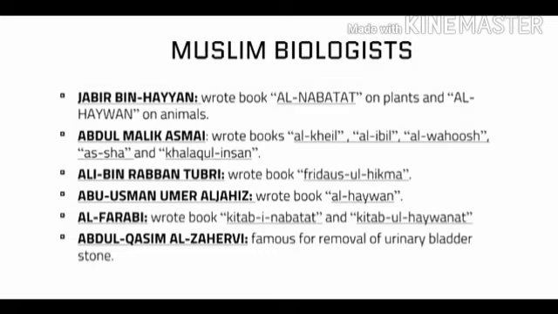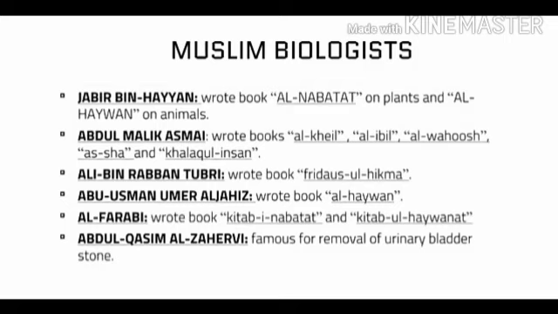All of you know about the Muslim scientists' contribution in the field of biology. The first scientist was Jabir bin Hayyan. He wrote books Al-Nabatat on plants and Al-Haywan on animals. Abdul Malik Asma'i, regarded as specialist of his time, wrote following books.